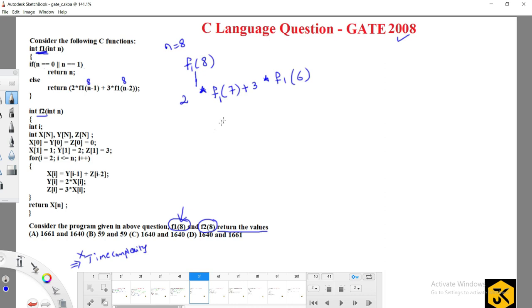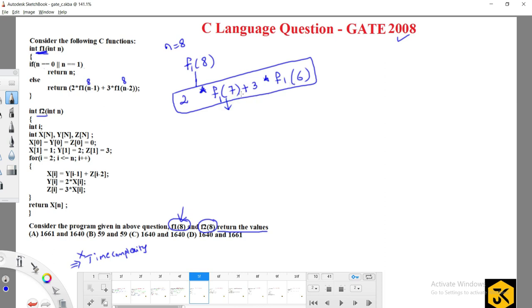This is an expression, so in order to complete this result for f1 of 8, first we have to completely execute f1 of 7 as well as f1 of 6.